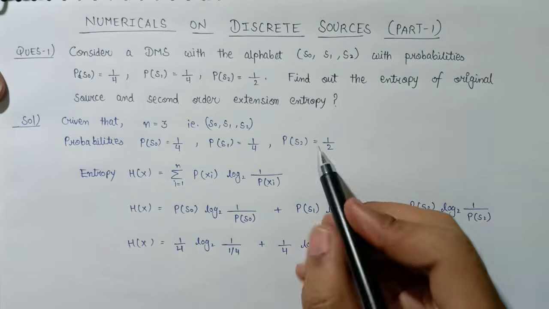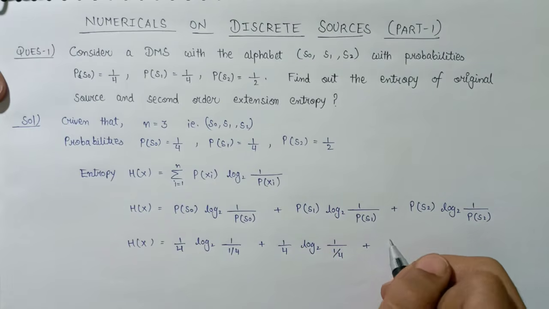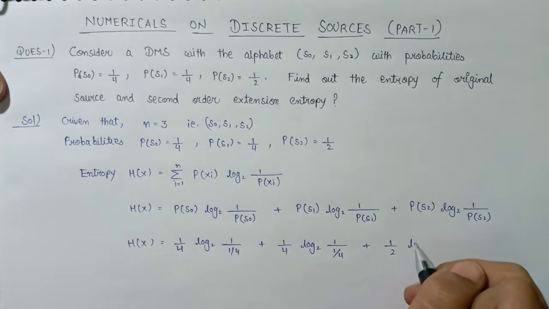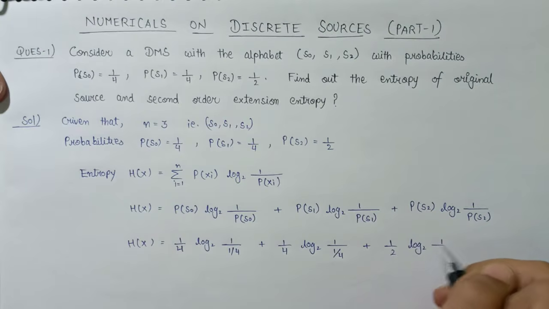In place of P of S2 we write 1 by 2, so 1 by 2 log base 2 1 over 1 by 2.